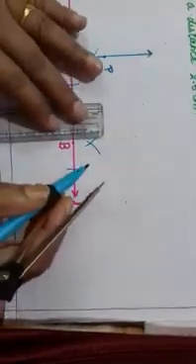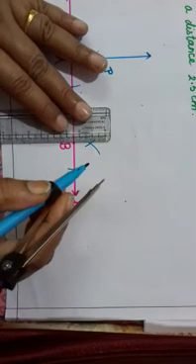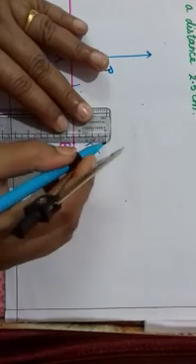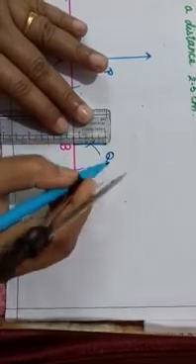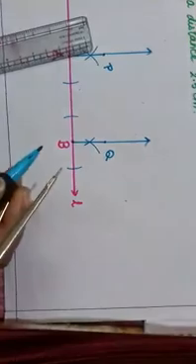Here also take 2.5 distance towards B, and put a dot and write Q there, and then extend that line upward. Put an arrow over there.